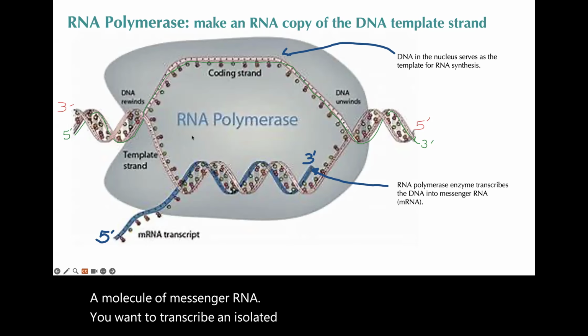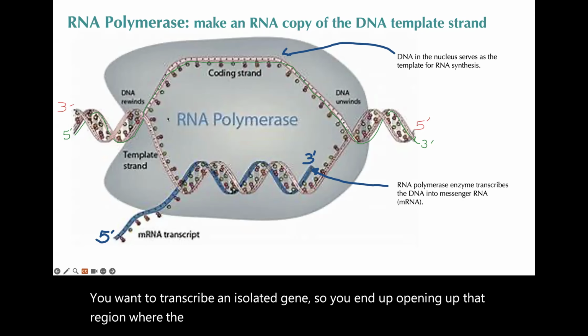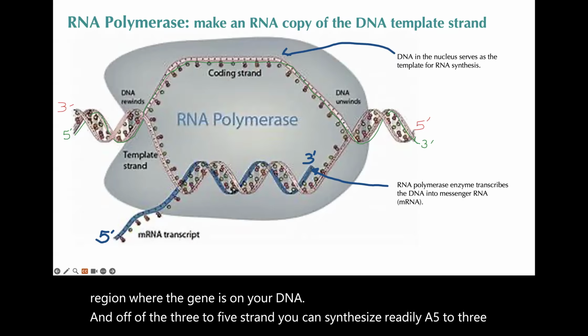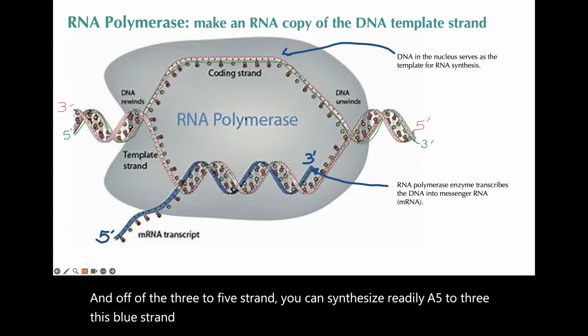So you end up opening up that region where the gene is on your DNA, and off of the 3' to 5' strand, you can readily synthesize a 5' to 3' blue strand of RNA using your RNA polymerase.